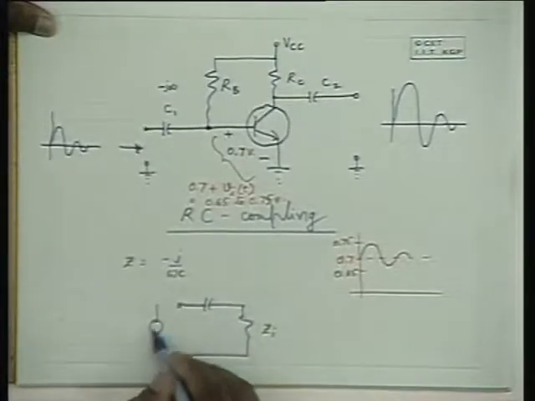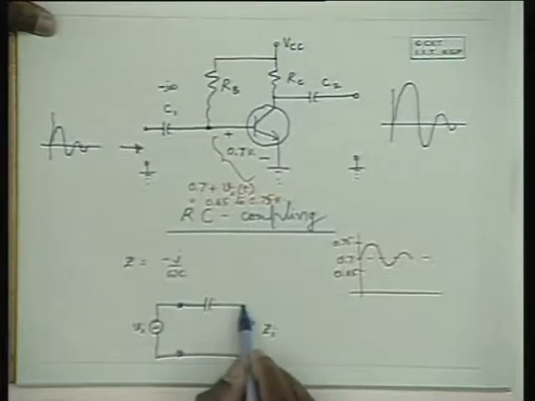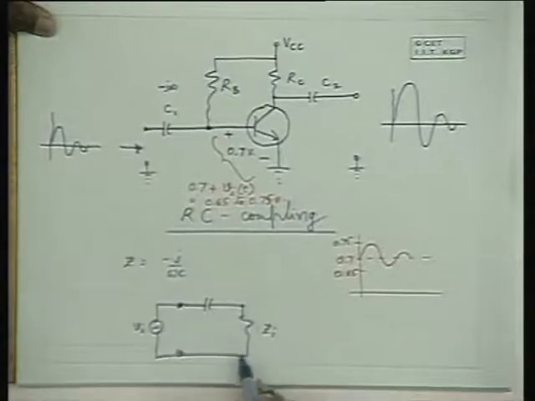And when you apply a voltage source over here, this voltage is getting divided between this impedance and this impedance. If this is negligible, of course, this entire voltage passes to the amplifier itself.